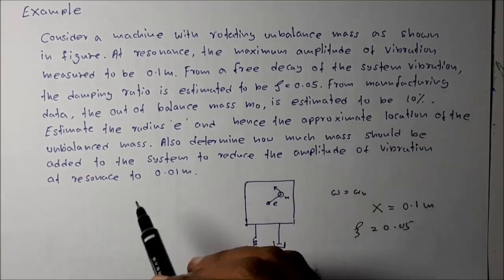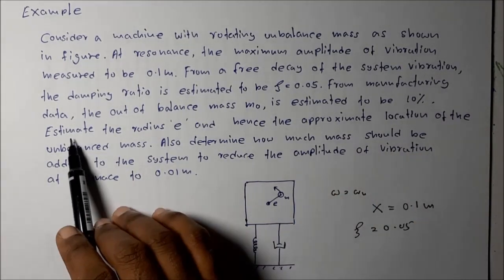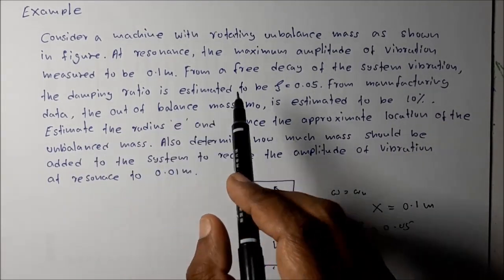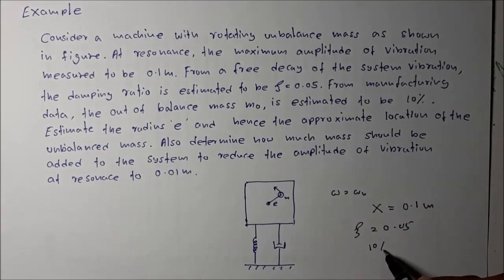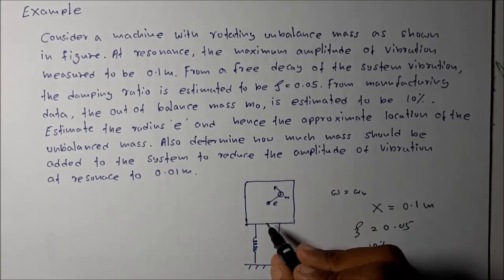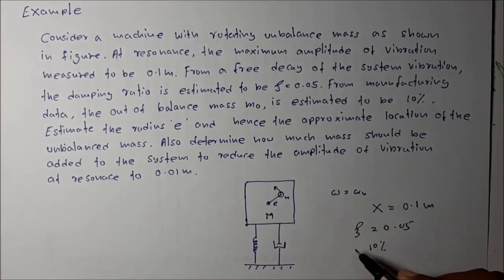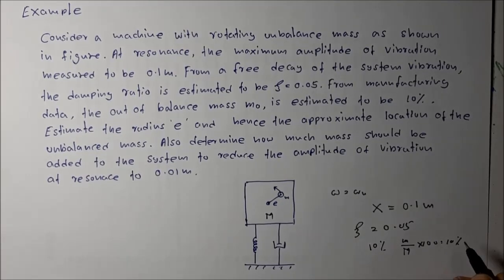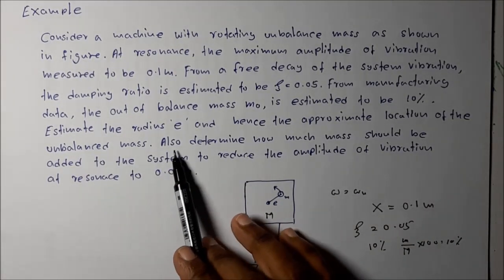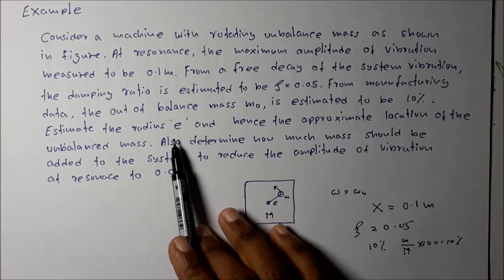From manufacturing, the unbalanced mass m0 is estimated to be 10%. That means if this is m, then m0 divided by m into 100 is equal to 10%.